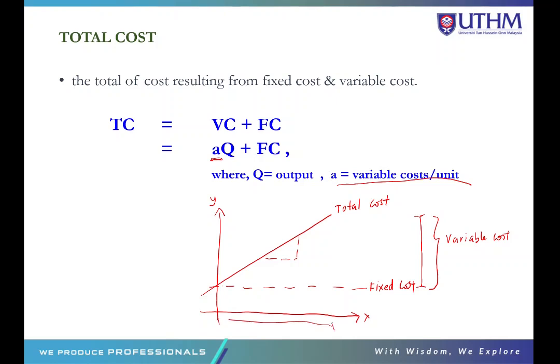The x-axis represents the units of production. So this is the basic knowledge regarding the equation for total cost, and the relationship between total cost, variable cost, and fixed cost. Let's jump into the example.